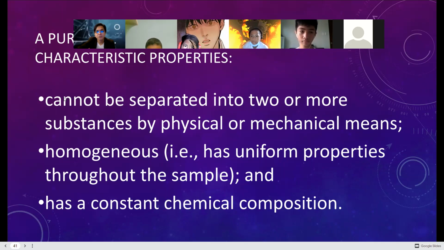And number three, it has a constant chemical composition, like your salt, sodium chloride, NaCl, or your sugar, glucose, C6H12O6.